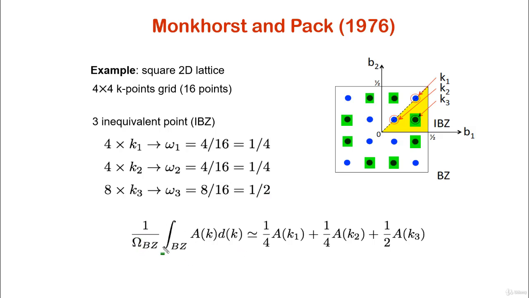Thus, the integral of A converts to the summation of A at k1 points times its weight, plus A at k2 points times its weight, plus A at k3 points times its weight.